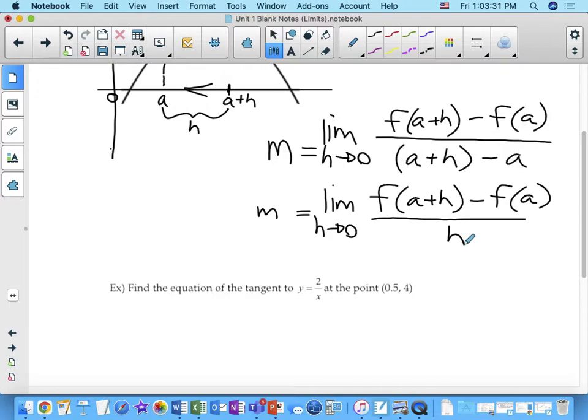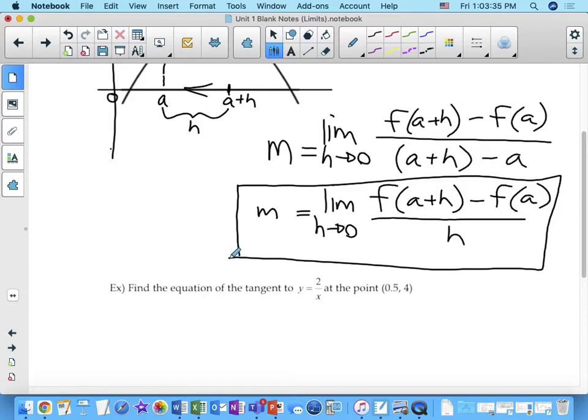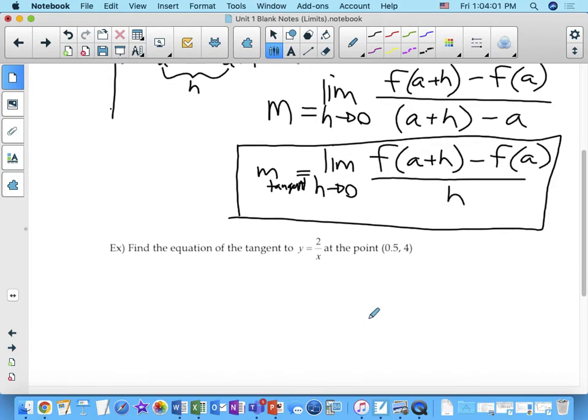And this is the other way that we define the slope of the tangent line at point A. Okay, so we're going to practice using this one to solve a couple problems.